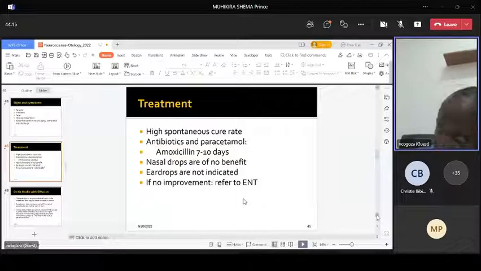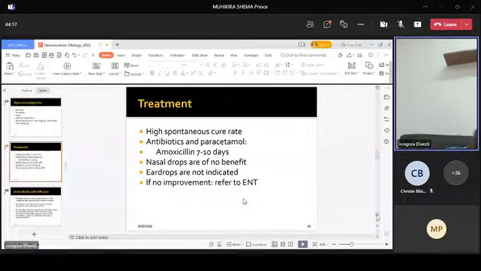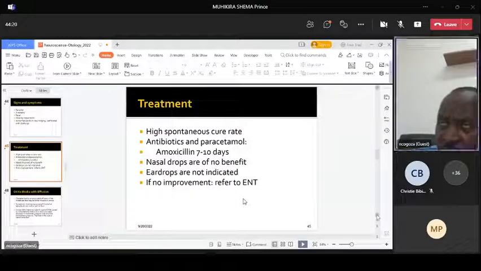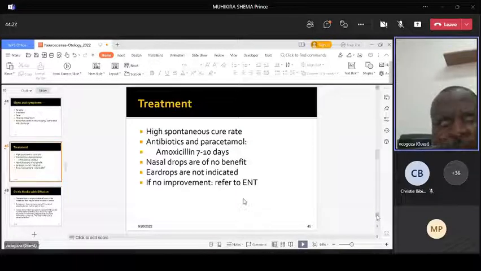If you have a mass in the nasopharynx where the eustachian tube opens, if you have adenoids blocking there, the eustachian tube will be closed. Not physiologically, but because of the disease.